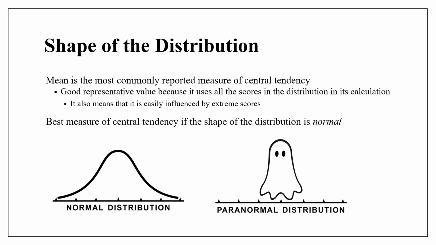So again, we want to see this kind of shape where both of the tails seem to be balanced, and if I were to draw a line right at the middle, these sides are going to be mirror images of each other. So again, when the distribution is normal, then the mean is going to be the best measure of the typical behavior of whatever is our study at that point.